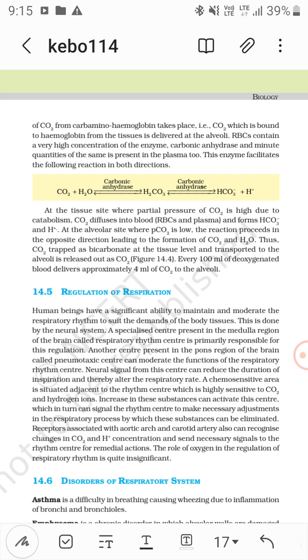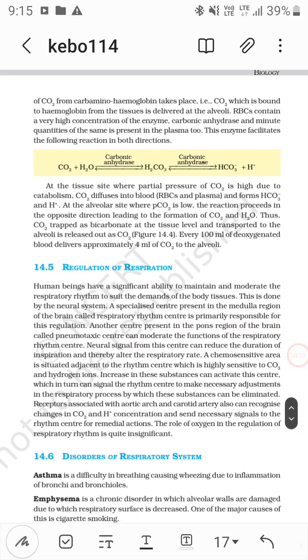So just remember carbonic anhydrase. Now every 100 ml of deoxygenated blood delivers approximately 4 ml of CO2 to the alveoli, just in the return journey.